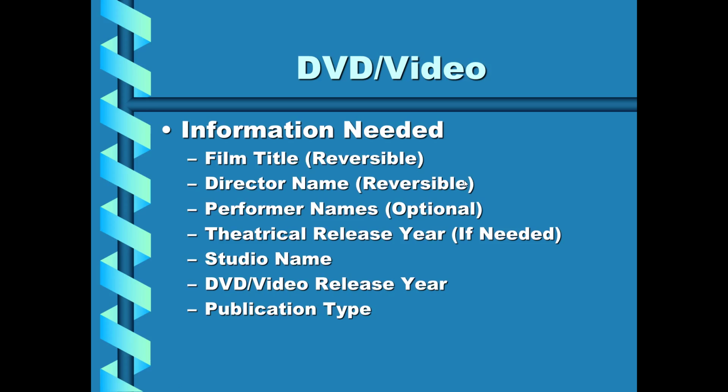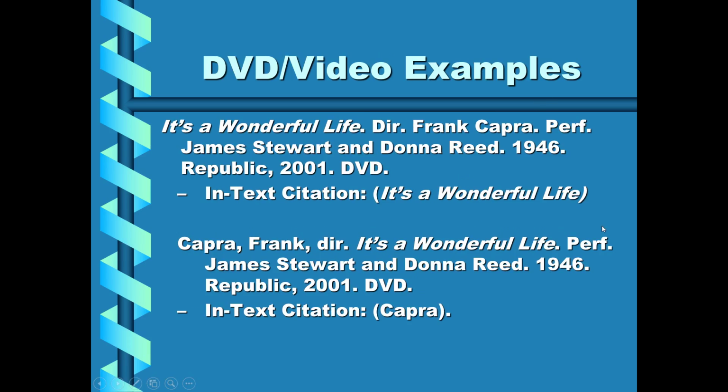That will always be included, and then the publication type. Okay, so here are some examples, and I used an older film to show the distinction between theatrical release year and DVD or Blu-ray release year.